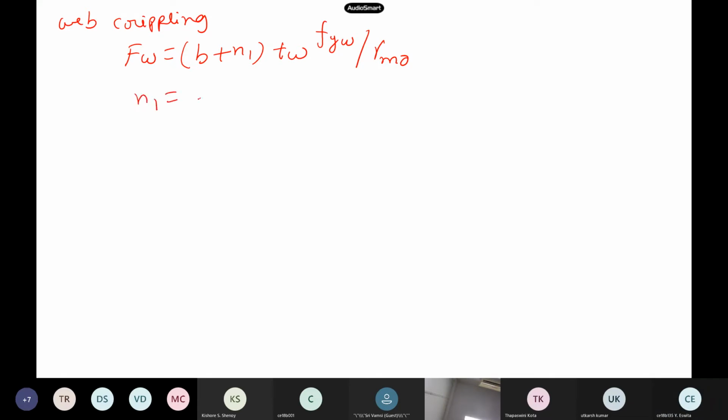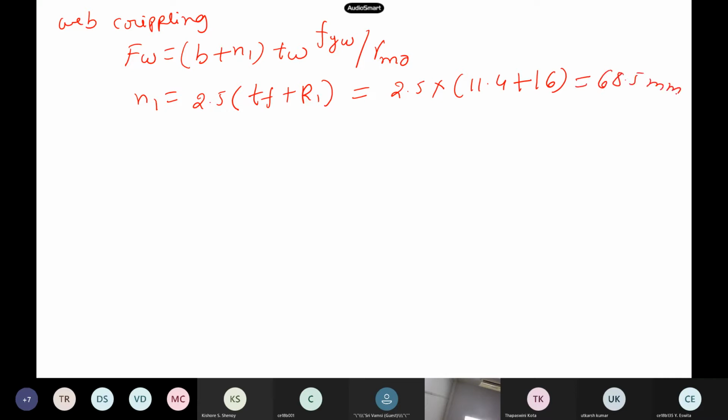So only thing is N1 is 2.5, that is the slope here. So TF plus R1, that is the root of the rolled section: 2.5 into 11.4, thickness of the flange plus the root, gives 68.5 mm. Now bearing is anyway 100 mm, because you are checking at the support only, so B has to be the same.